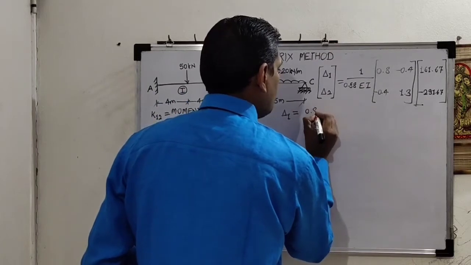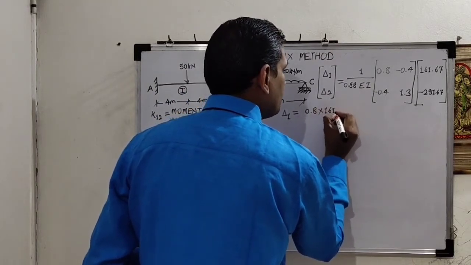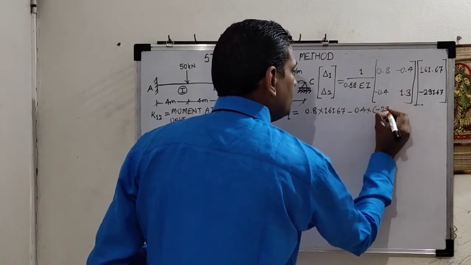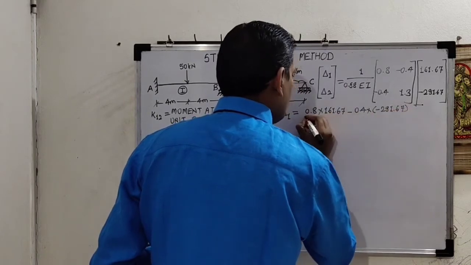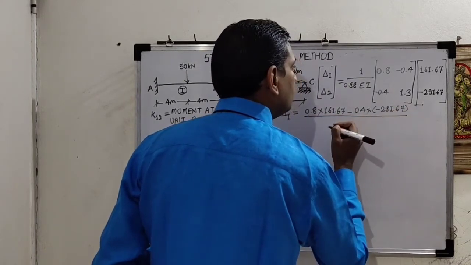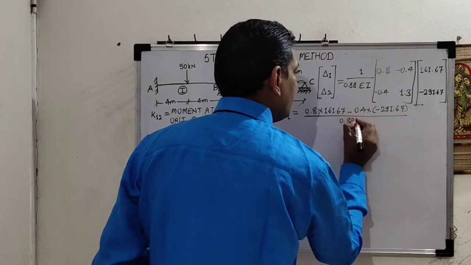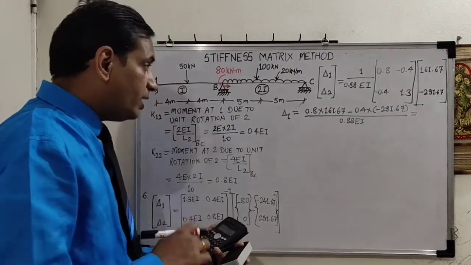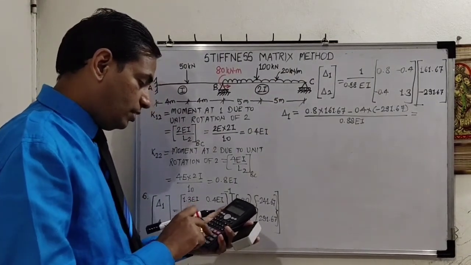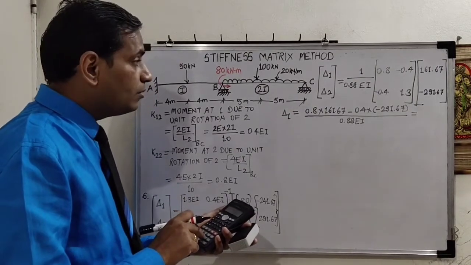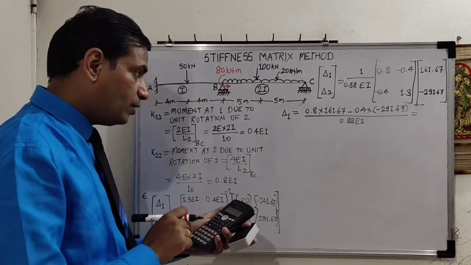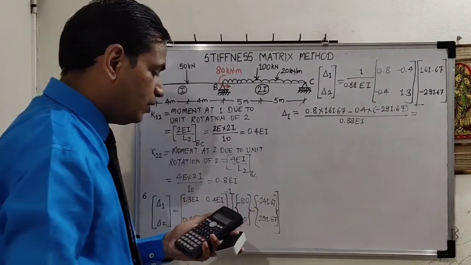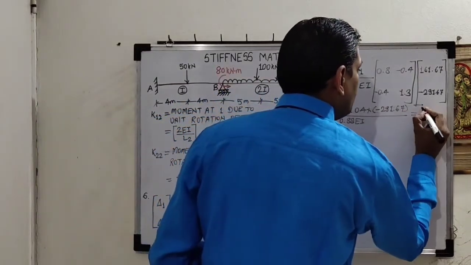See, 0.8 into 161.67 minus 0.4 into minus 291.67 divided by 0.88 EI. Okay. So let us see the answer. 0.8 into 161.67 minus becomes plus 0.4 into 291.67 upon 0.88. So it is 279.55 upon EI.